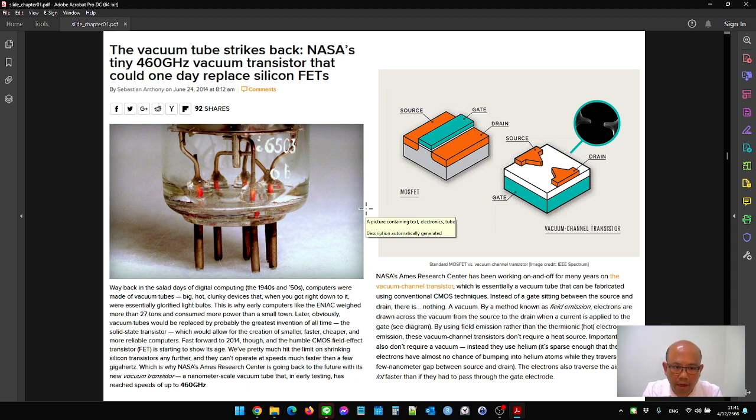This vacuum tube runs at a very high frequency, 460 gigahertz. In this technology, they try to bring the concept of the vacuum tube into the transistor, called the vacuum channel transistor. For more detail, you can search the internet and read about it.